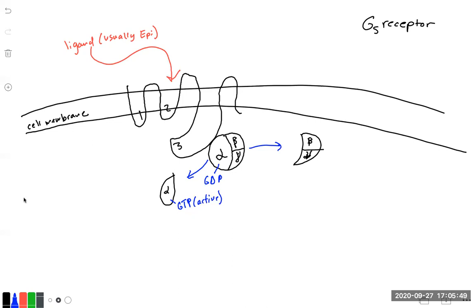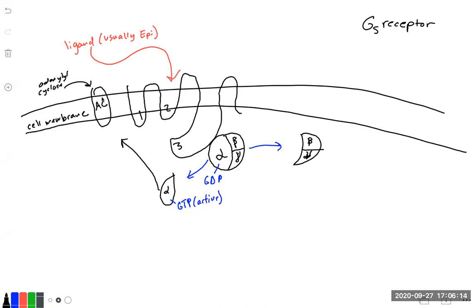So, what's going to happen when it's active? Well, the alpha subunit will go towards the cell membrane, and there's another protein that's waiting nearby called adenylyl cyclase. And this protein does one very simple thing.